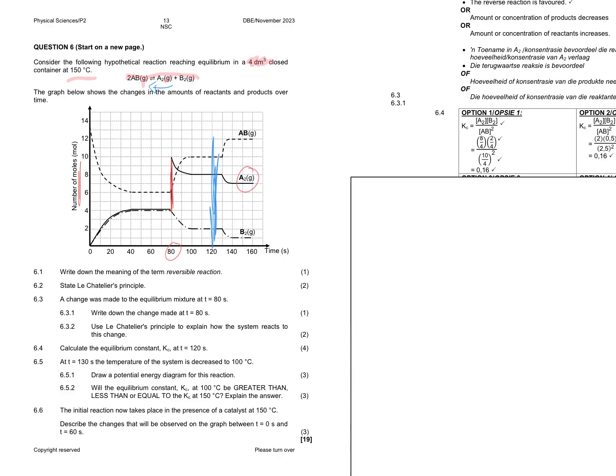It's 8 over 4 for A2, and it's 2 over 4 for B2. So you put all those numbers in, just smash them into your calculator, and you get 0.16. So basically that, because it's less than 1, it means that the reverse reaction is being favored. The reverse reaction is happening more than the forward reaction.